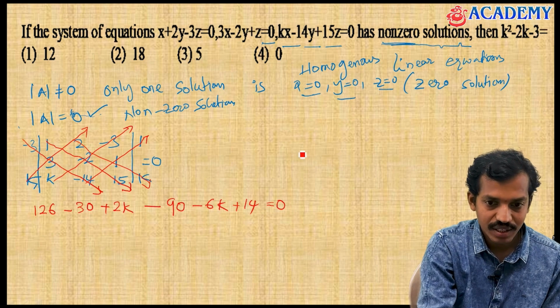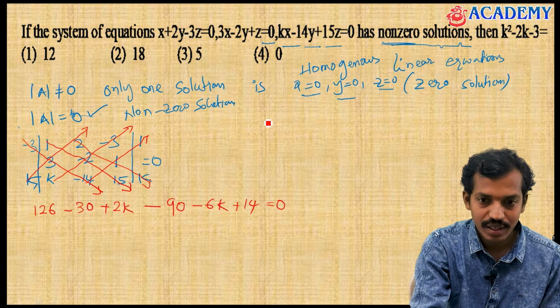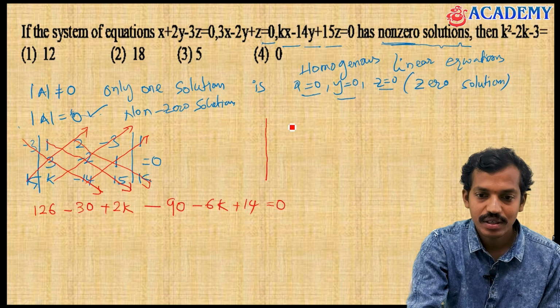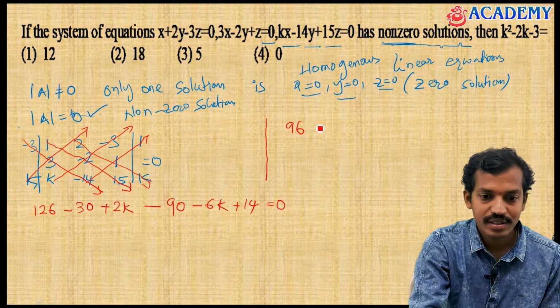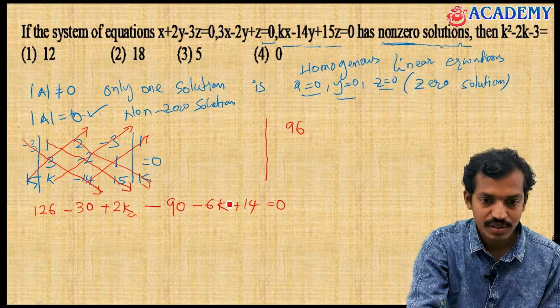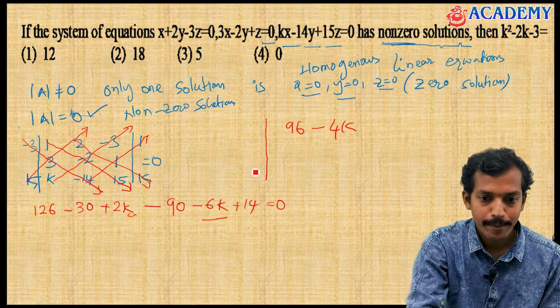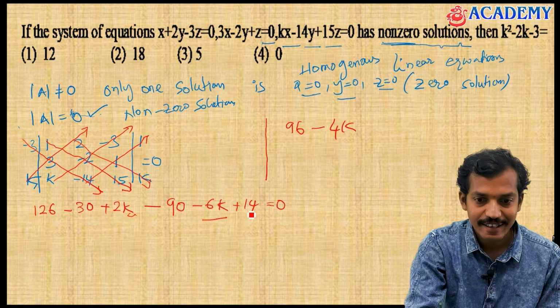Right, I am simplifying. Here I am writing: 126 minus 30 is nothing but what? 96, plus 2k minus 6k is nothing but minus 4k, minus 90 is there, plus 14 is there.